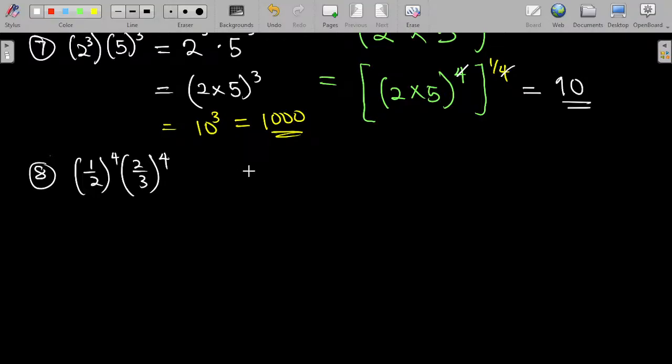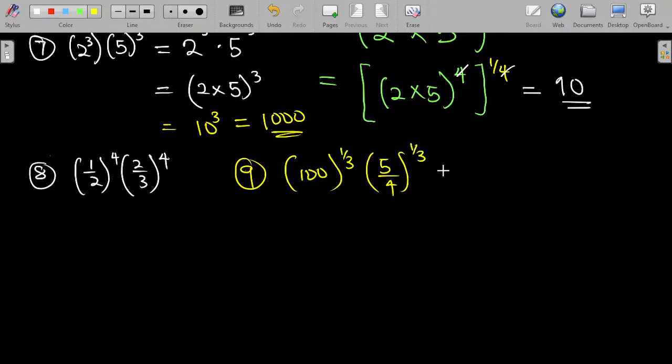Okay, so that means it's similar to exercise 6 and 7. Let's go to 9. 9 looks alike, and I'm also going to leave it. 100 to the power of 1 over 3 multiplied by 5 over 4 to the power of 1 over 3.